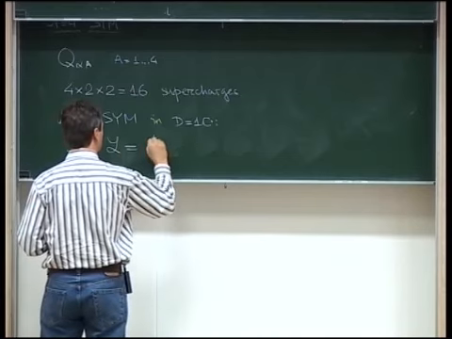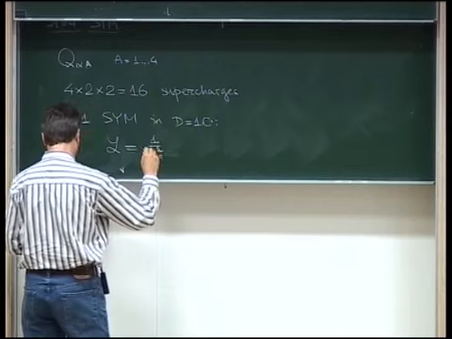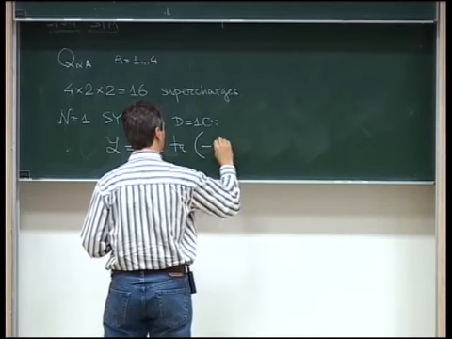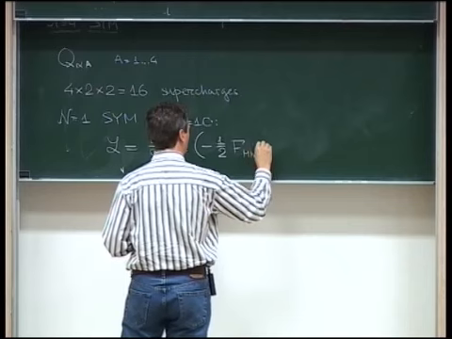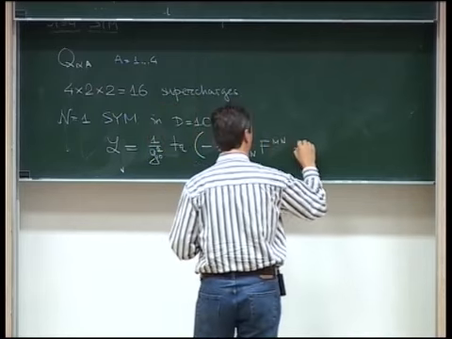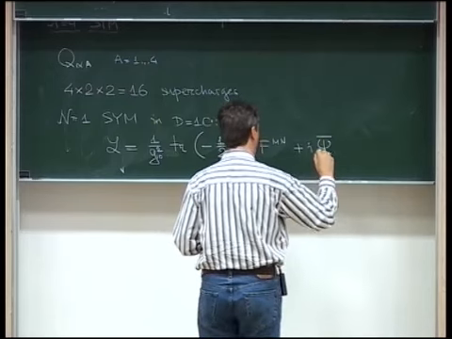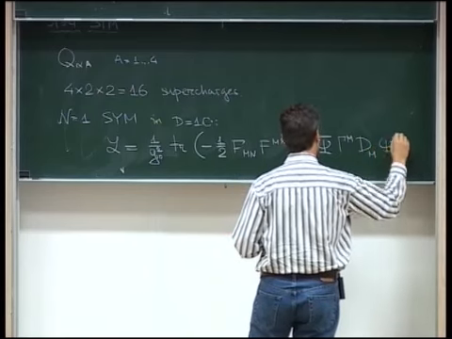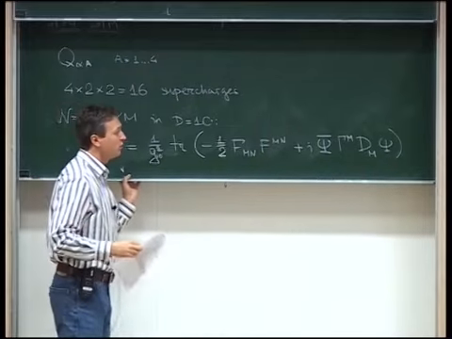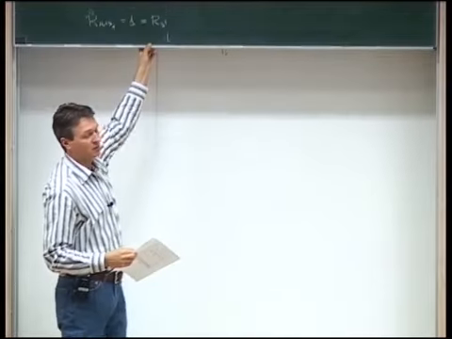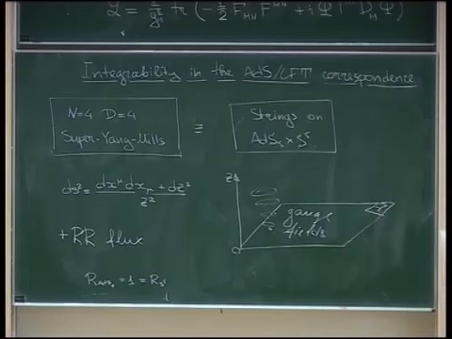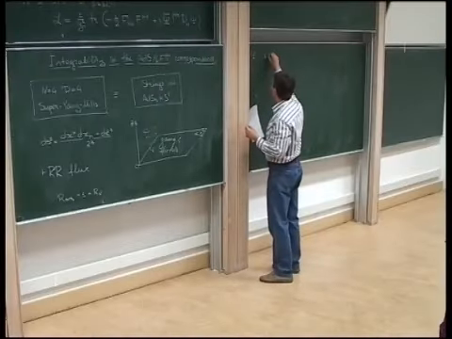This Lagrangian has a very, very simple form of a Yang-Mills field interacting minimally with Majorana-Weyl fermions. Here psi is the 10-dimensional Majorana-Weyl fermion.